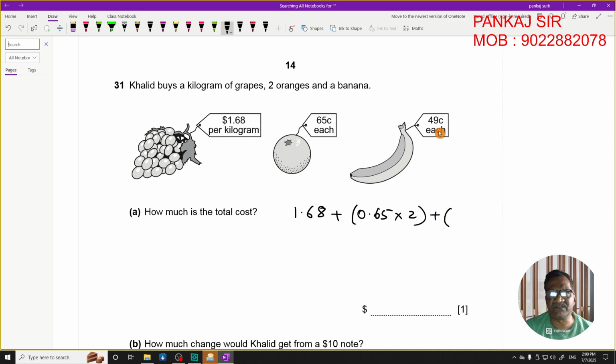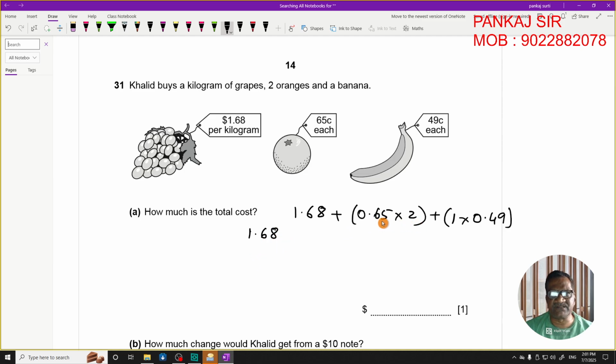And the last one is 45 cents for banana. He takes how many bananas? 1. So 1 times 49 cents can be written as 0.49 in dollars. So all the three I have converted in dollars and I will add up. So 1.68, let me add up in the vertical way.